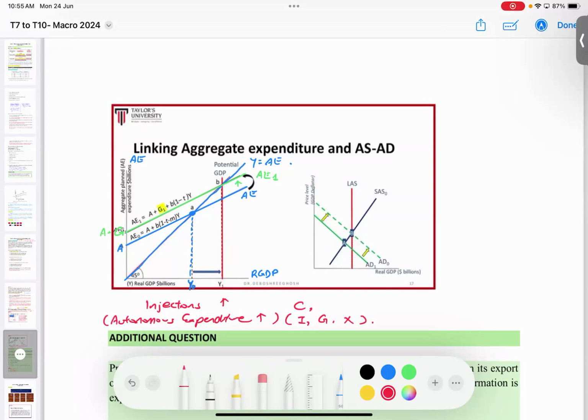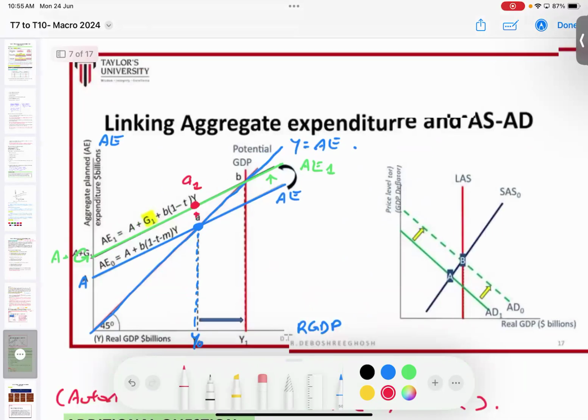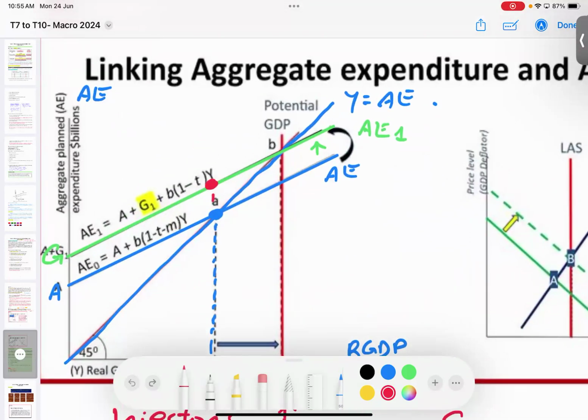So when it shifts upwards, it becomes this red one, AE1, or A1 here. So you can see from point A, it moved up to A1.